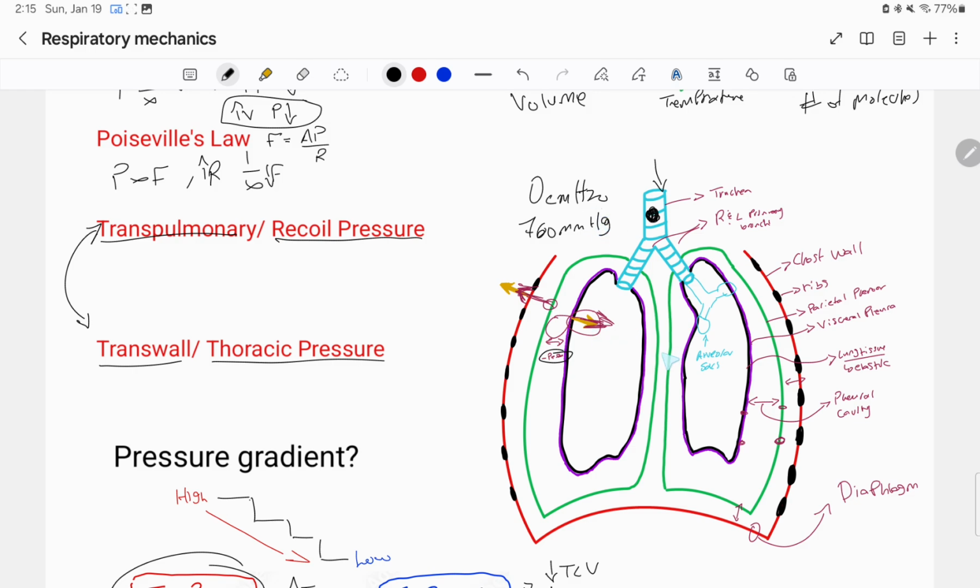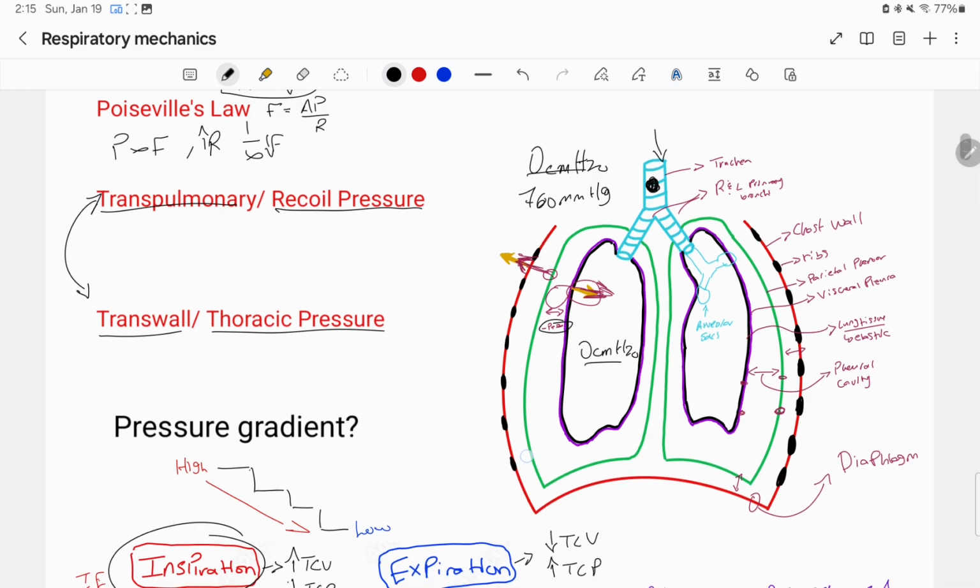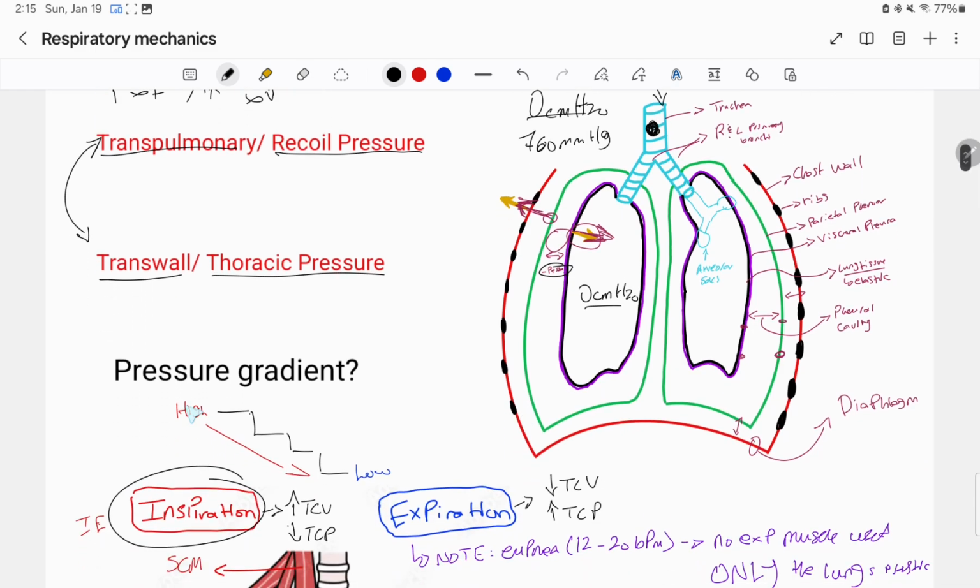Now, at rest, usually inside of the lung, the pressure in the alveoli is 0 centimeters of water. So tell me something, if the pressure is 0 outside and 0 inside, is there going to be any air movement? Well, if you said no, good job. There is no air movement because there's no pressure gradient. But what do I have to do in order to move air in during inspiration?